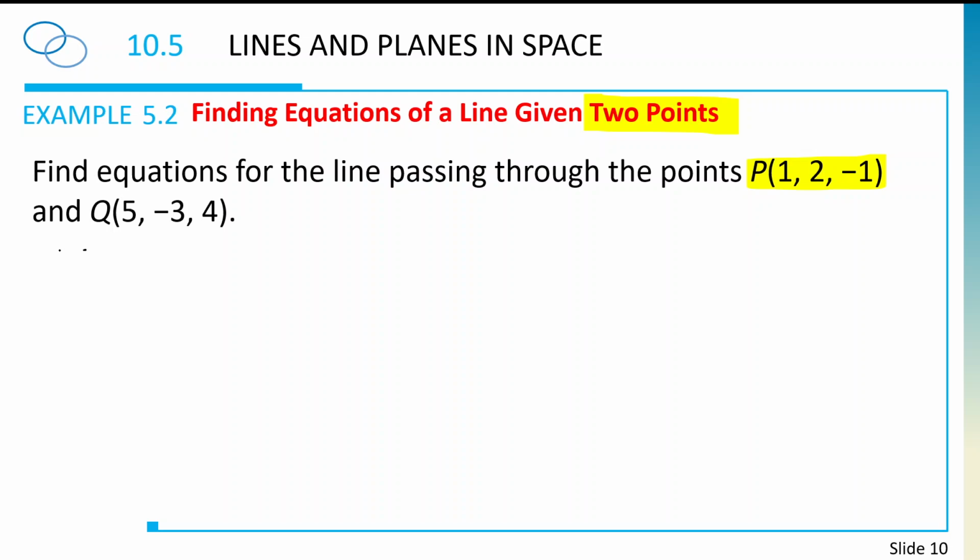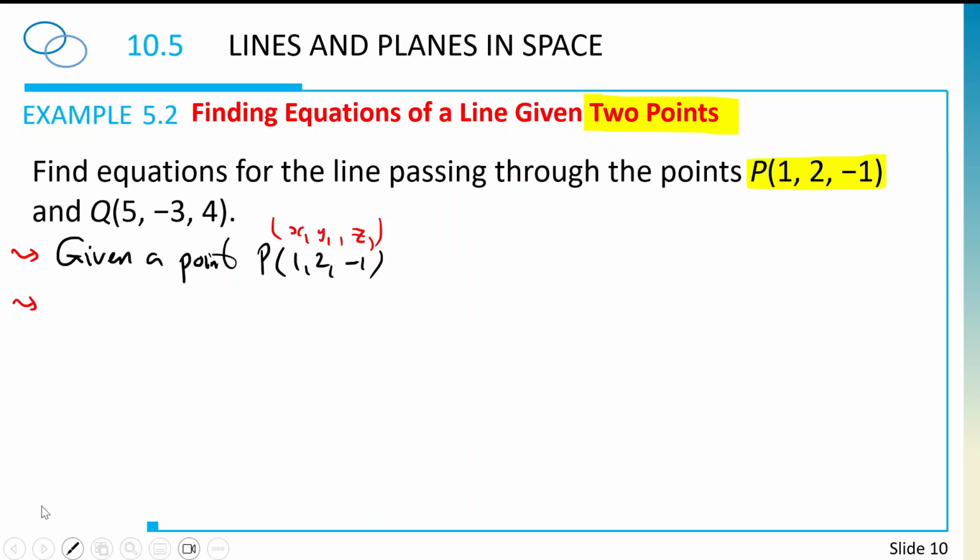Let's use the first point as the point, P(1, 2, -1). I'm going to use it as x1, y1, z1. Okay, this is the point. Now, what do I need to find? I need to find a parallel position vector.